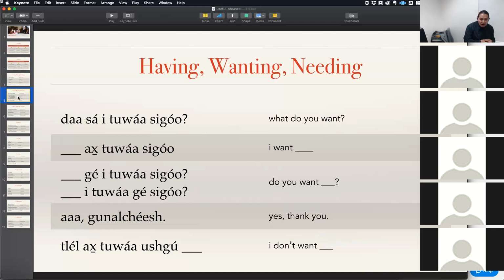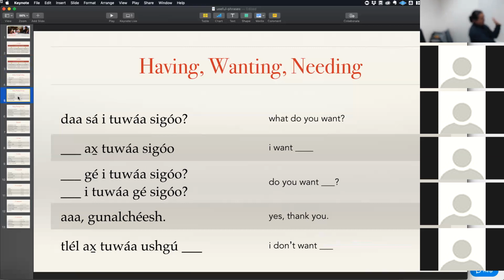Ach tuwa sigu hati guti, I want you to come over. Kashach tuwa ushku hati guti, I don't want you to come here, right? And so we'll learn how to do that kind of stuff too. Achtua ushgu hin. It's at the end of the phrase. It usually goes at the end, right? For the negative. Object at the end.